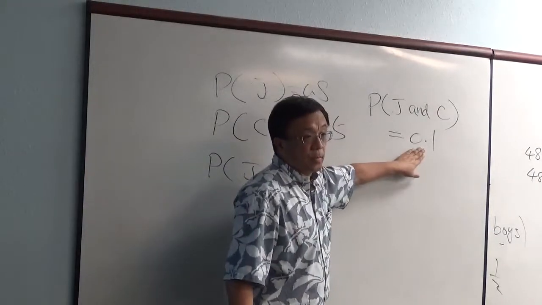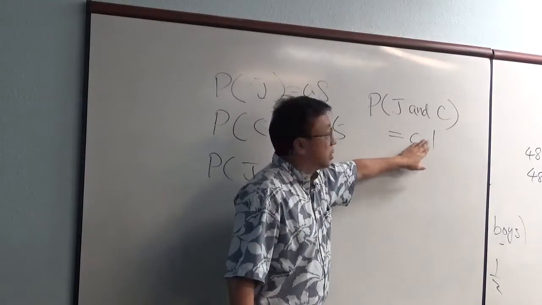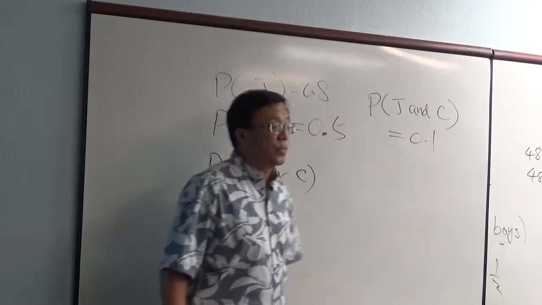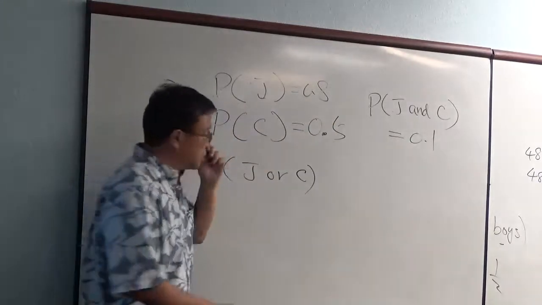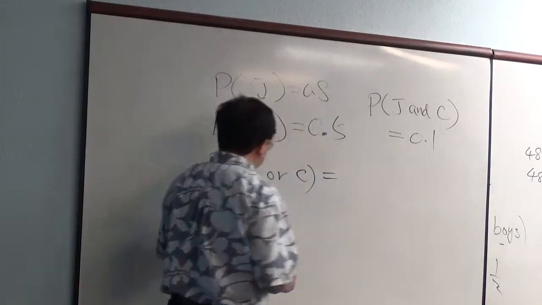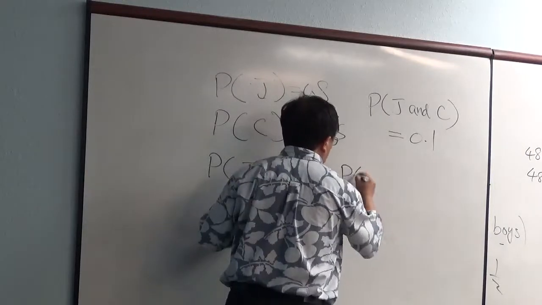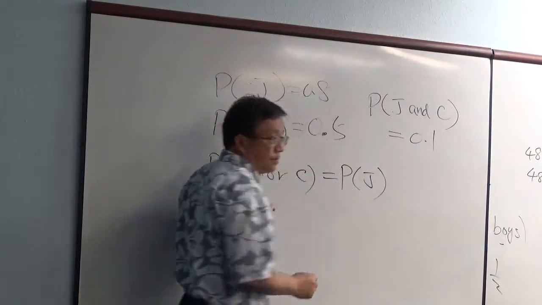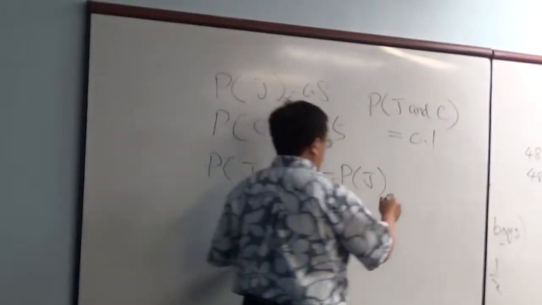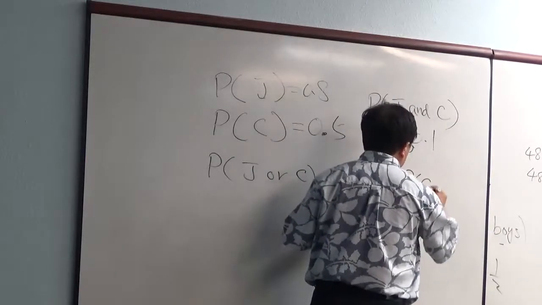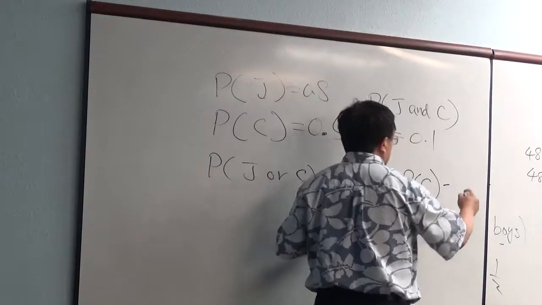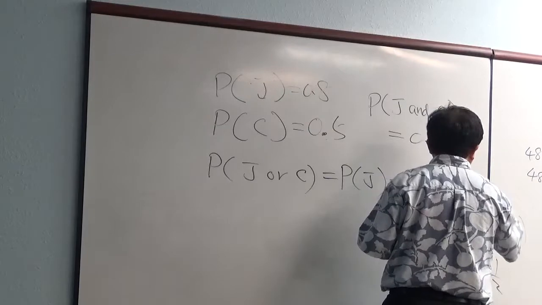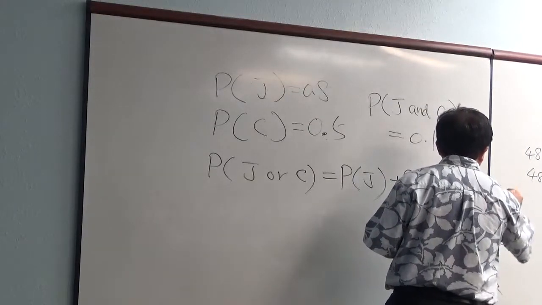No. There's a possibility you can visit both countries, right? So how to calculate? What's the formula? That's the probability of visiting Japan plus the probability of visiting China minus the probability of J and C.